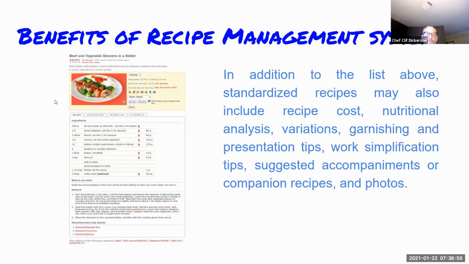If two people order this dish at the same table, you don't want one dish to look one way and the same dish to look a different way. So you want standardization, and that's why pictures are so important.